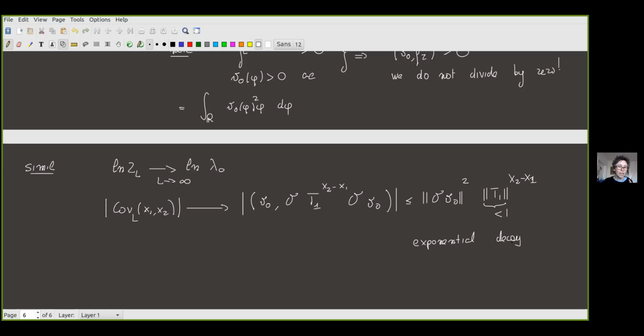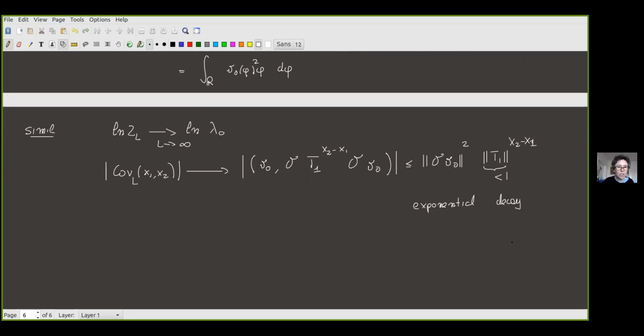Now if you want to know something more precise, for example, what is the rate of this exponential decay? Well, then we need something more, but we don't need so much information about our operator.